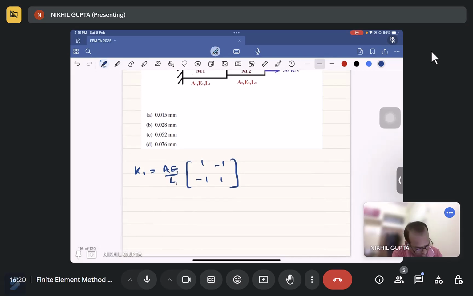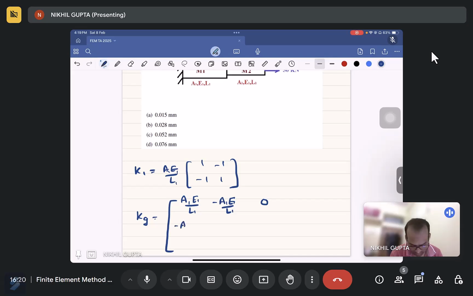So, quickly go to the global stiffness matrix. We have seen many times how the element stiffness matrix is related to the global stiffness matrix. This is A1E1 by L1, minus A1E1 by L1, and 0.